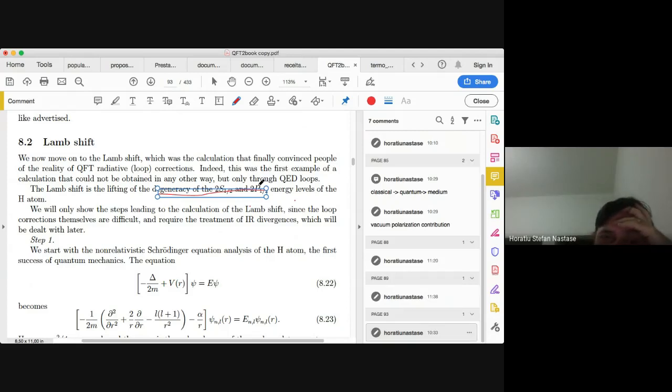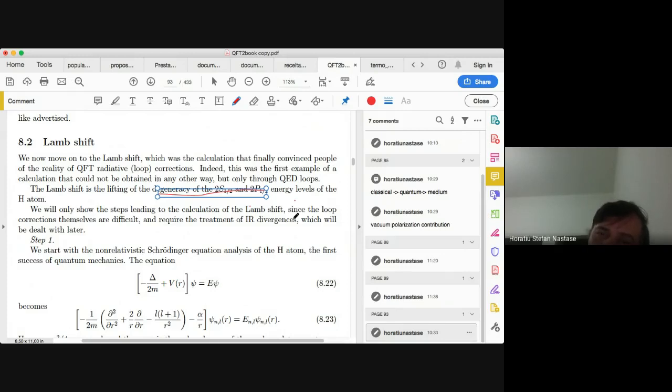All right. So let's try to get to the Lamb shift. I will actually not calculate the Lamb shift, which is somewhat of a bummer, but the point is the calculation is first very long, and second, it requires a good treatment of infrared divergences, which I will have to present to you later in the course.